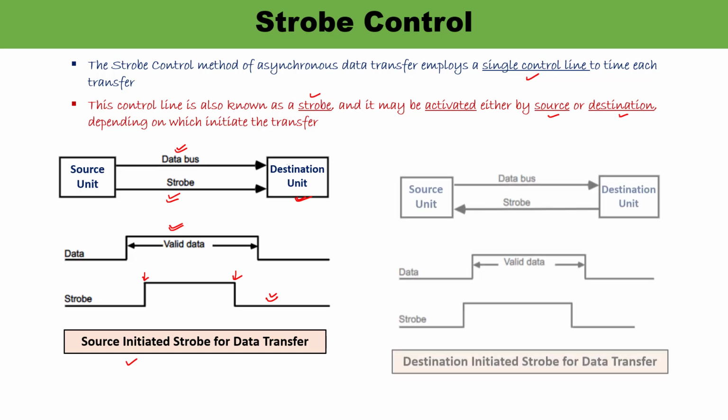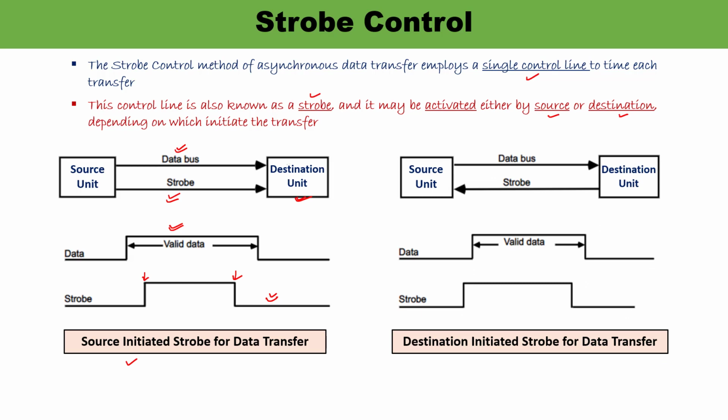Now let us see the destination initiated strobe. In this case, the destination has initiated the strobe signal. In this timing diagram, the destination unit first activates the strobe signal. When the strobe signal is active, only then will the source unit respond and place the data on the data buses, and this data will be available for enough duration so that the destination unit can accept it.